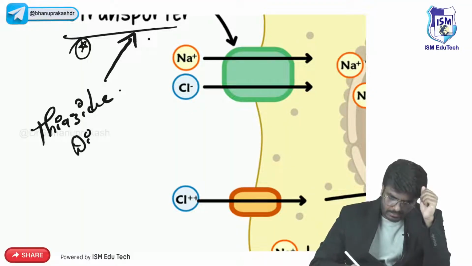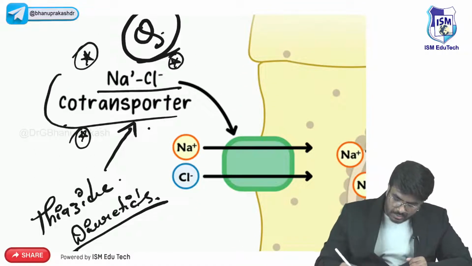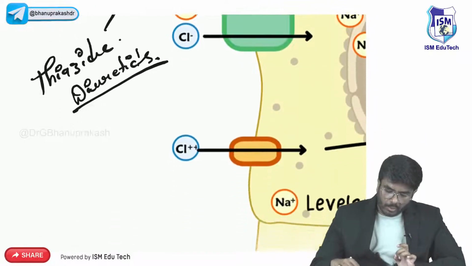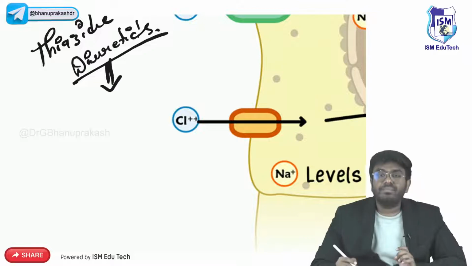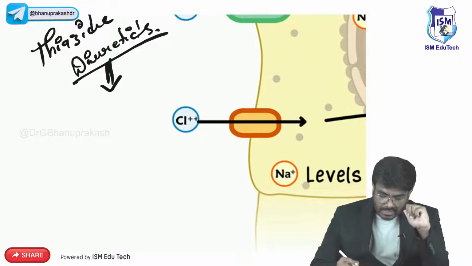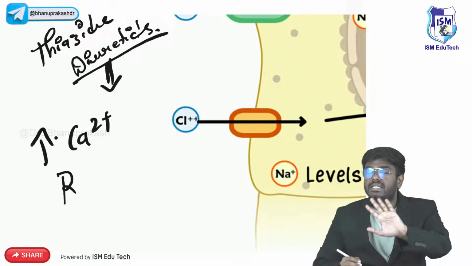Thiazide diuretics. So thiazide diuretics block which transporter? The sodium chloride co-transporter. Now, an important point about thiazide diuretics is their relationship with calcium. Thiazide diuretics increase calcium reabsorption, not excretion.